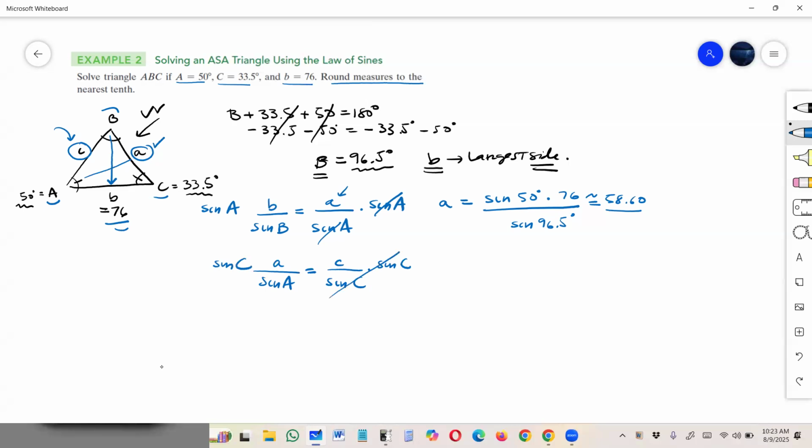Here they will cancel. And my answer would be c equals sine C, which is 33.5, times the side a, which we found to be 58.6, divided by sine A, which is 50 degrees. So this is my answer, and I'm going to approximate that again.